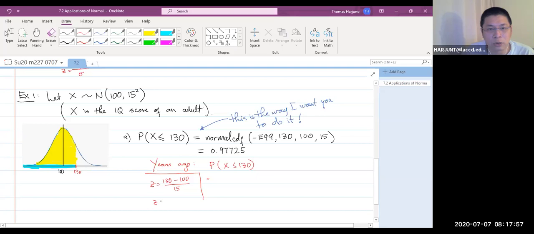I told them to round the Z score to 2 decimal places. This happens to be a nice number, 2. So this becomes probability of standard normal distribution less than or equal to 2. And then from there, I asked them to use the table, and they will get 0.9773.